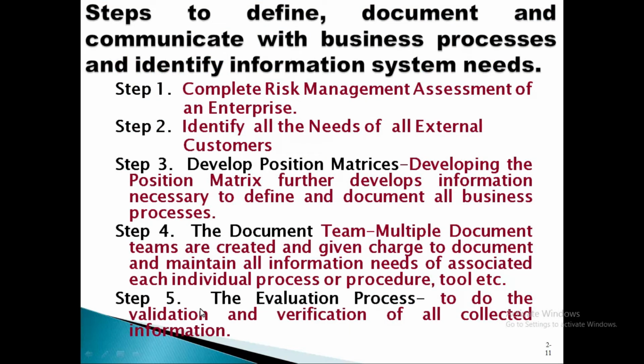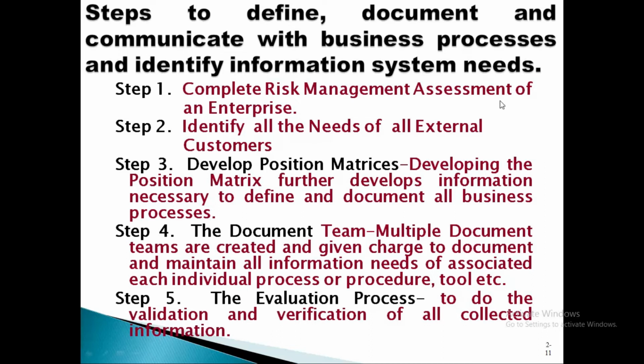So what are the steps to define, document, and communicate the business processes and to identify the information system needs? We have to document and list which information system needs exist in terms of customer, in terms of 3 levels of management, and in terms of the various business processes involved in any organization.